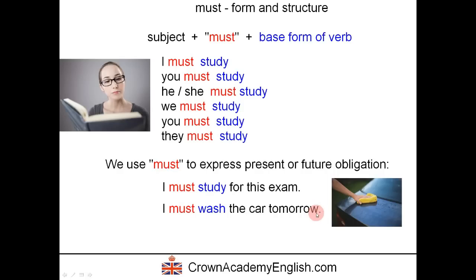Okay, tomorrow is obviously in the future. So this is like a present form, I suppose. The form is the present, but the meaning is the future. And we do not use must in the past. There's no meaning or use of must in the past. Okay?